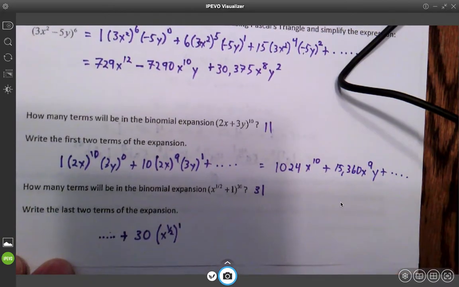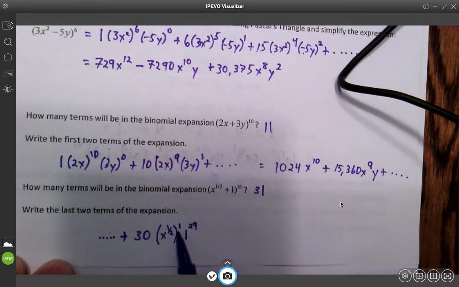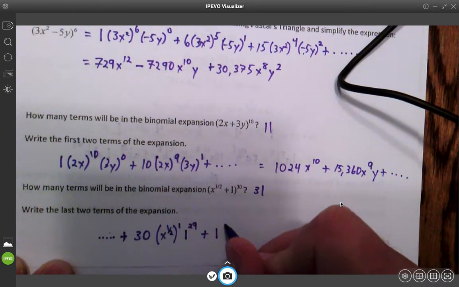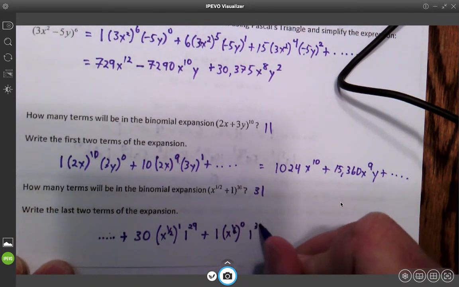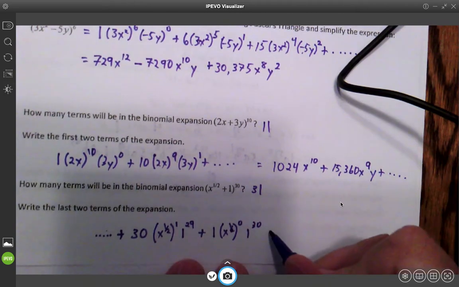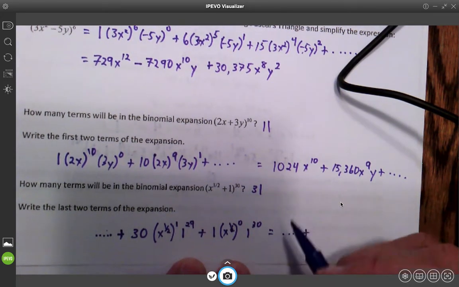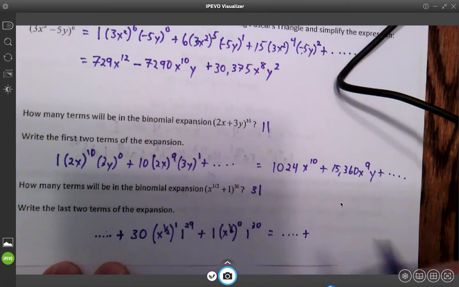Because the last one's going to be a 0, times 1 to the 29th. Remember, these two have to add to 30, plus 1, x to the half to the 0, 1 to the 30th. So that would be, what, 1 to the 29th is 1, x to the half to the 1 is 1/2.